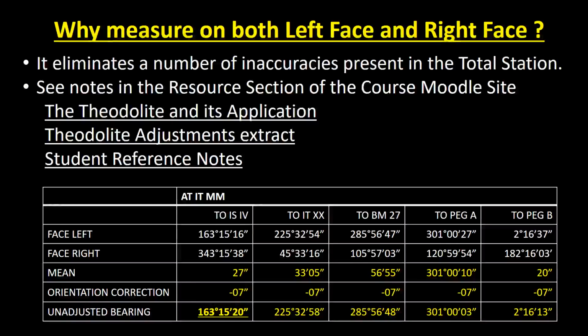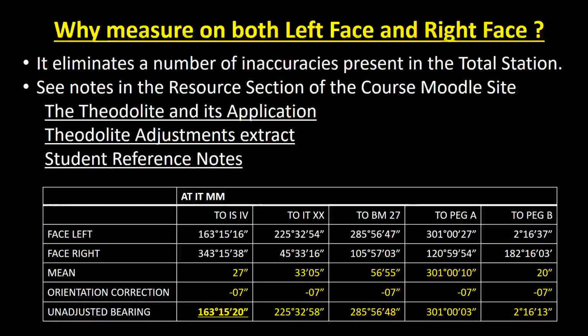But as we know, a second is a very small measurement of arc, particularly on a small instrument. So we try and set as close as we can to 163.15.20.